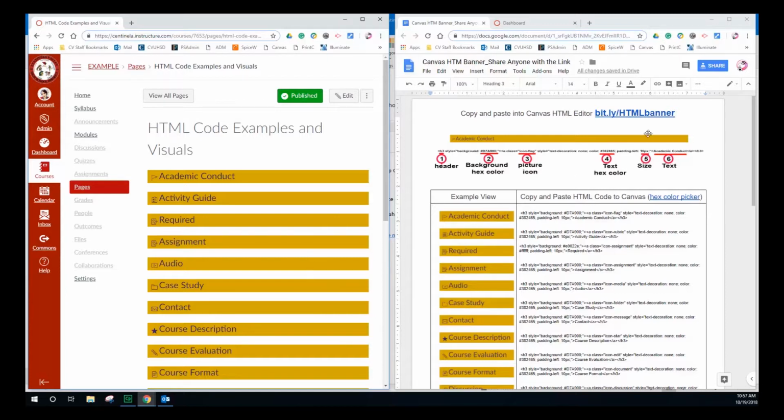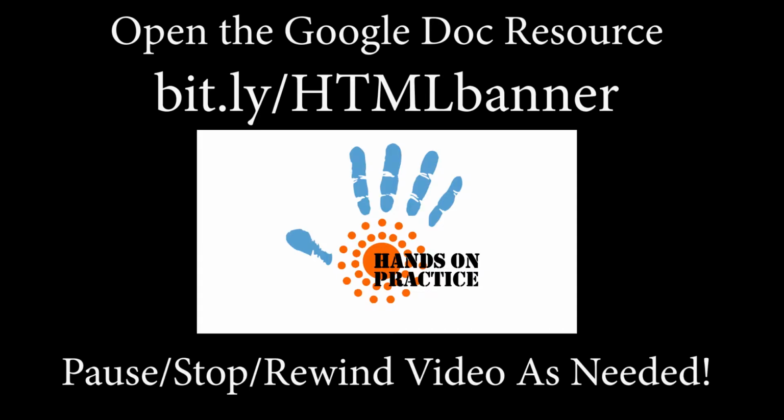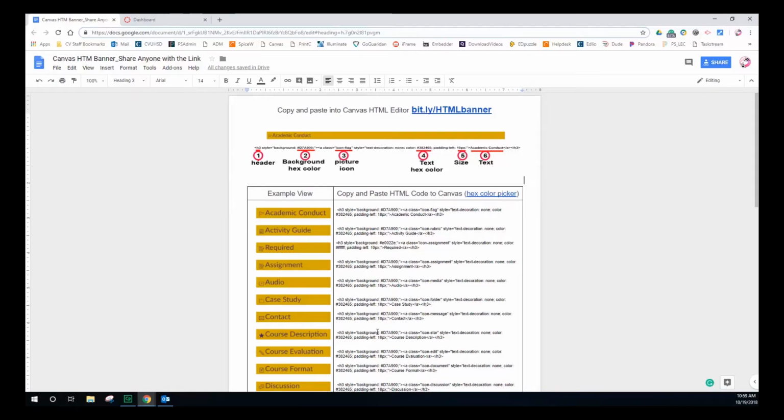You will need to access this document, bit.ly/HTML banner, to access all of the codes that you will copy and paste into your Canvas course. Once you access this Google document, you will have access to copy the HTML code and paste it into your Canvas course. There is a preview of what it looks like.